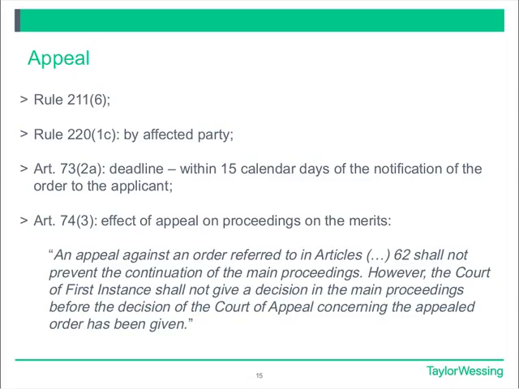The second question, unfortunately there is no straight answer to, is how long does it take to get a PI? All the rules say, and I'll quote, is that the court on the application for provisional measures shall give an answer as soon as possible after the closure of the oral hearing.